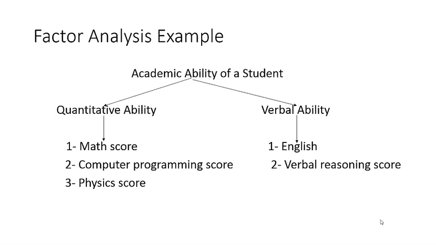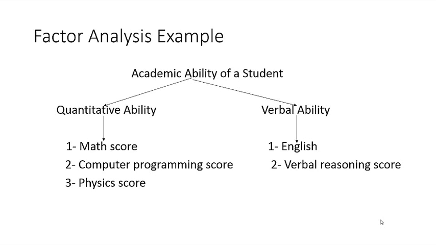If you write the GRE, we are also measured in these two aspects. One is a paper on quantitative things, and the other is a paper on the verbal side. We are judged in both aspects. Now quantitative ability can be judged by a couple of indicators or variables: mathematics score, computer programming score, physics score, statistics score.